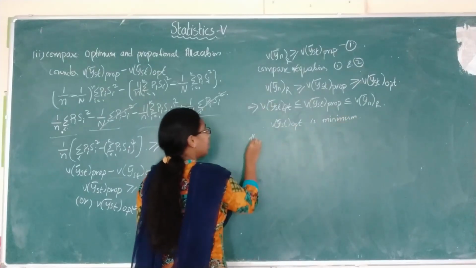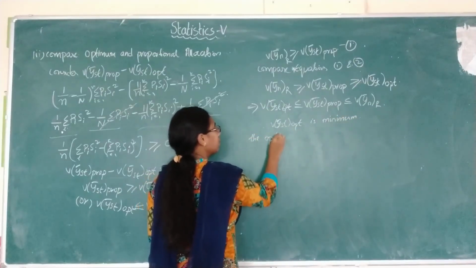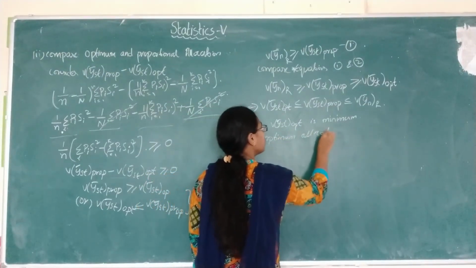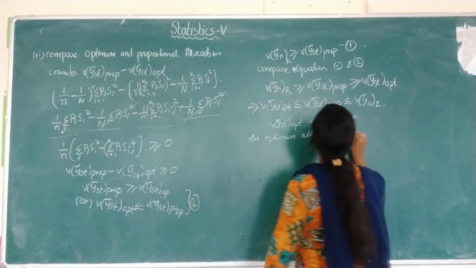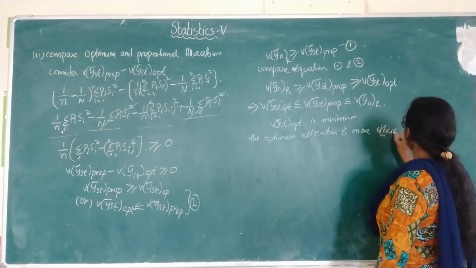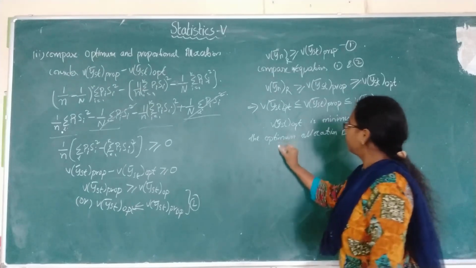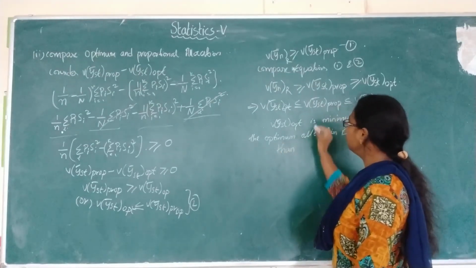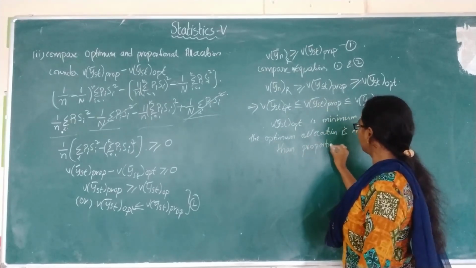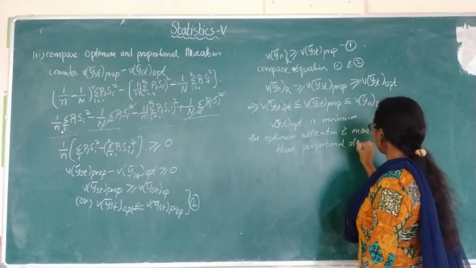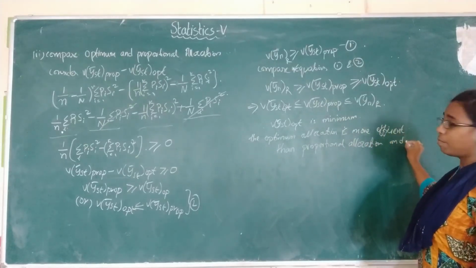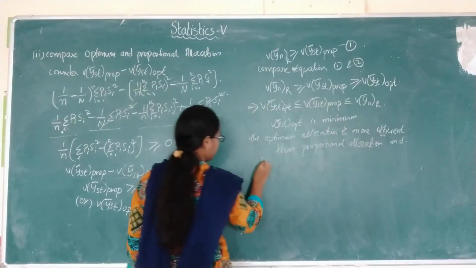The optimum allocation is more efficient than the proportional allocation and simple random sampling.